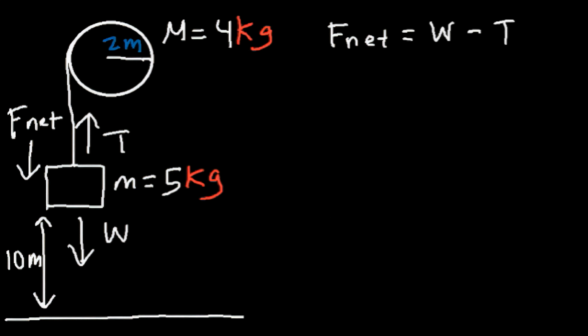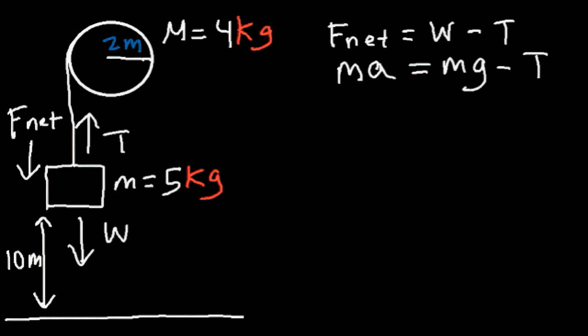Now the weight force is greater than the tension force, and so that's why I wrote it as W minus T, so I can get a positive value for the net force. Now the net force of the block is the mass of the block times the acceleration, according to Newton's second law, F equals ma. The weight force of the block is the mass times the gravitational acceleration, minus T.